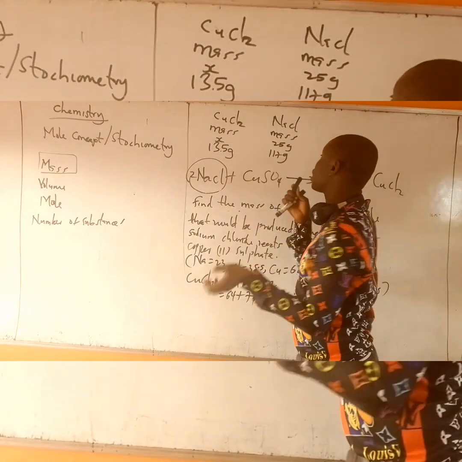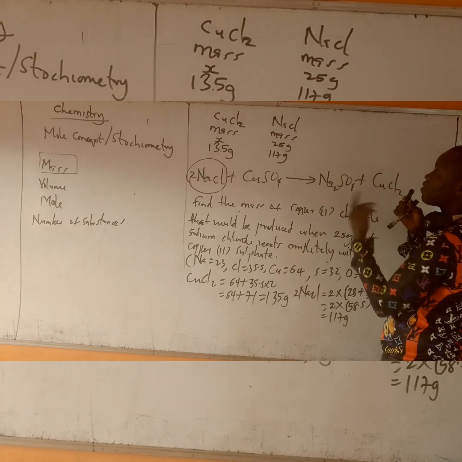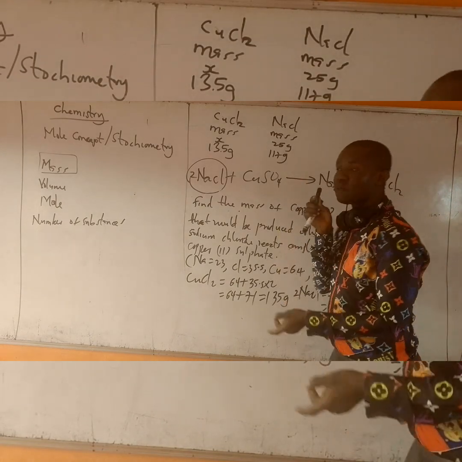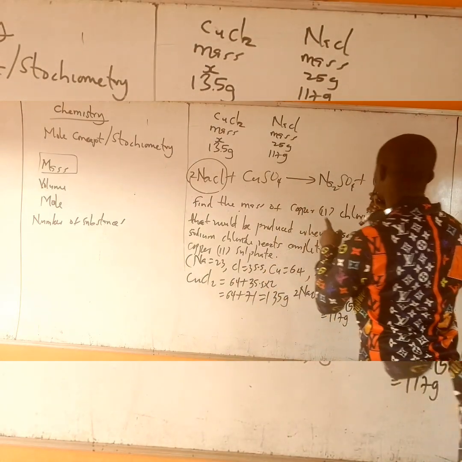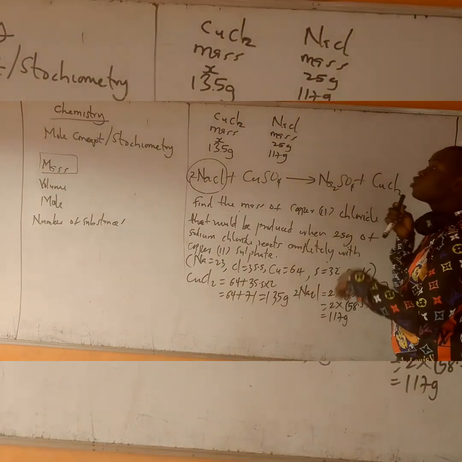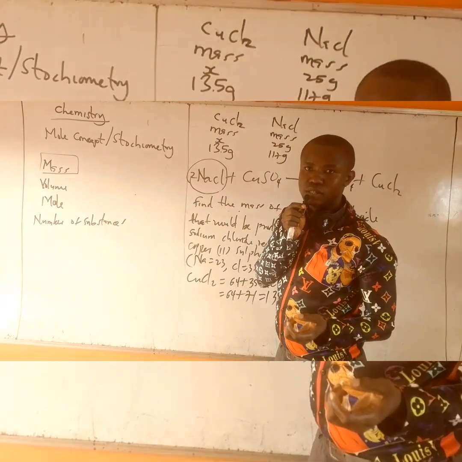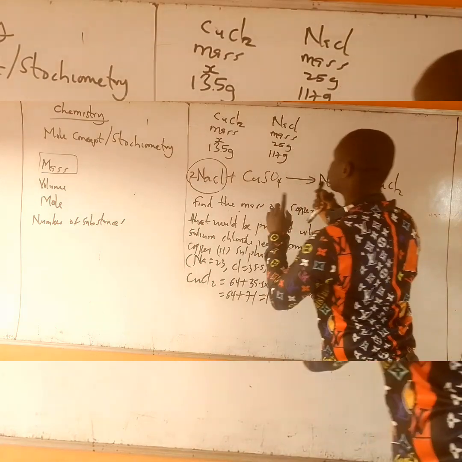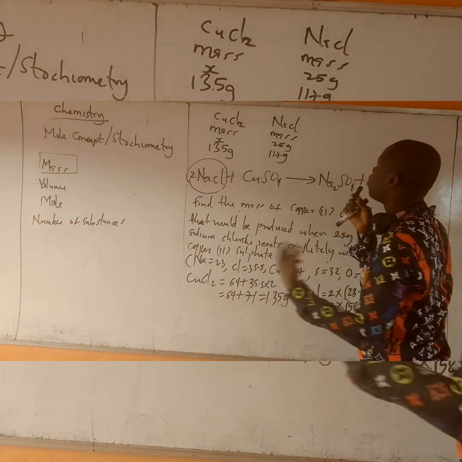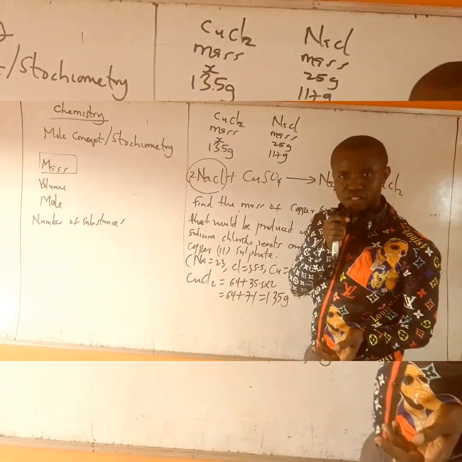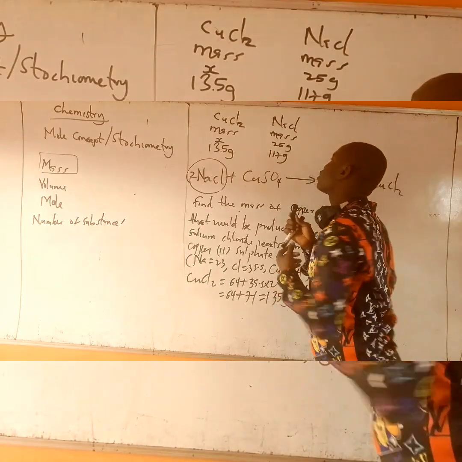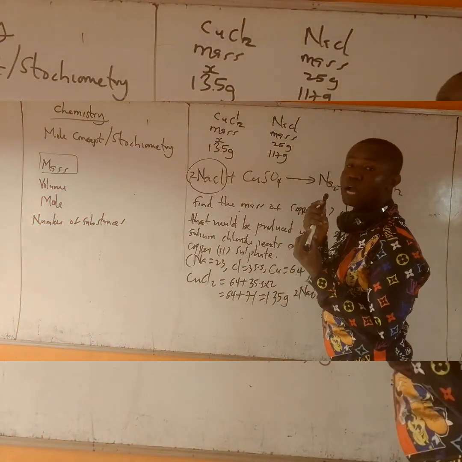He's just trying to tell us that if 135 gram of CuCl2 is produced by 117 gram of NaCl, what mass of CuCl2 will be produced by 25 gram of NaCl? Do you understand? That is just simple. So from here, this is how you calculate this mathematically.